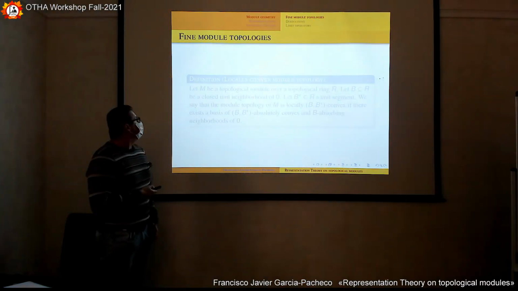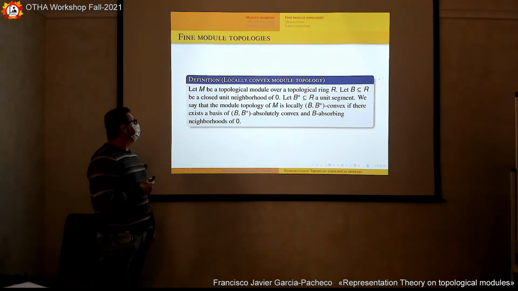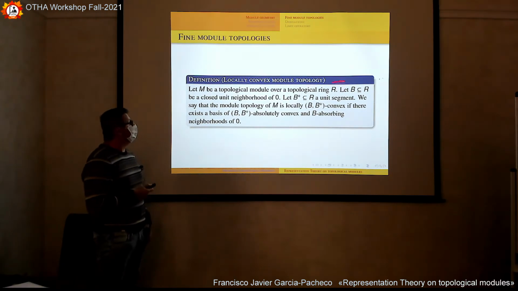Okay, so now we can define locally convex module topologies. For a topological module or a topological ring, if we consider a closed unit neighborhood of 0 and a unit segment, we say that the module topology is locally B-convex if there exists a basis of B-absolutely convex and B-absorbing neighborhoods of 0.